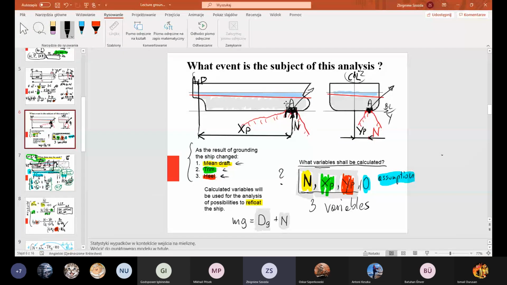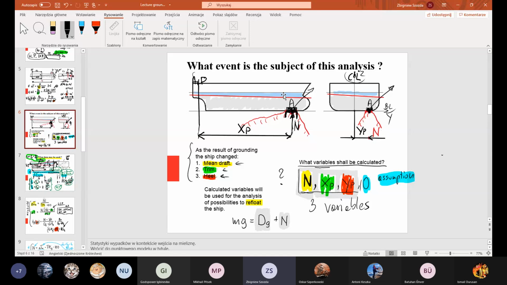Displacement before grounding is the sum of blue displacement and gray displacement. And gray is just displacement after grounding. Displacement after grounding is smaller than before grounding.